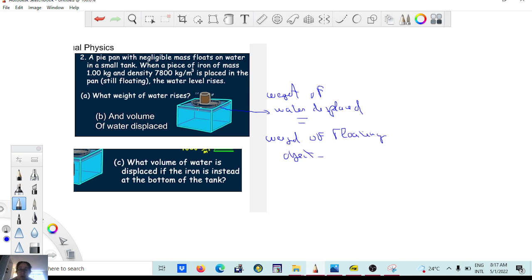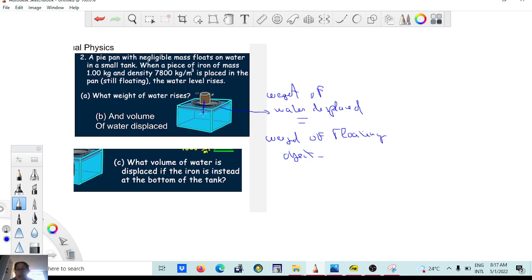And that volume here will be only equal to the volume of the object that is inside the fluid.